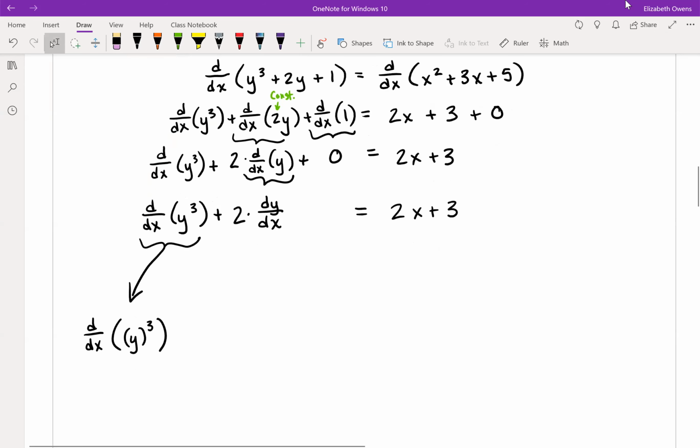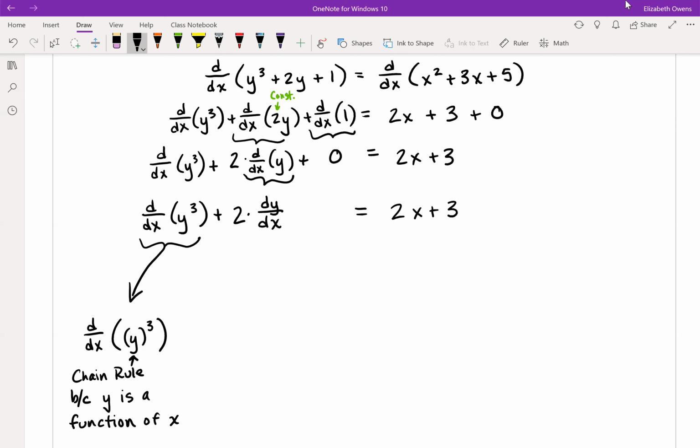So this is a chain rule because this y right here is not just a variable itself. We're not doing a derivative with respect to y of y cubed, otherwise that would be really nice. Y is a function of x, and we're doing a derivative with respect to x. So when those variables don't match, then you have to use this implicit chain rule type of differentiation.